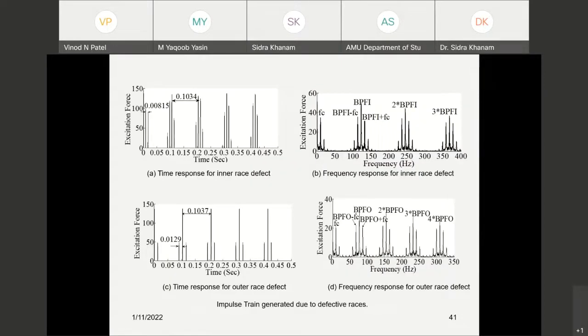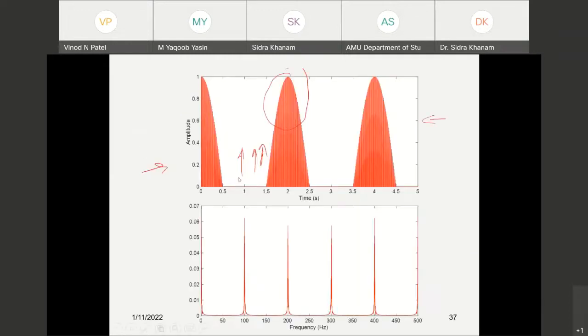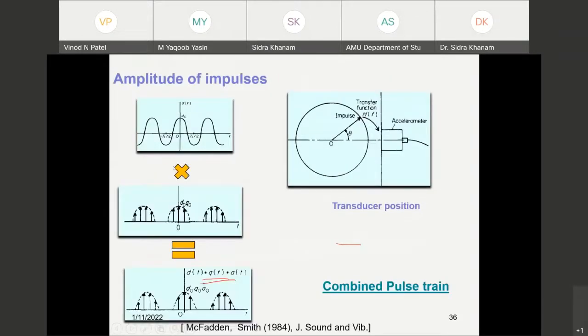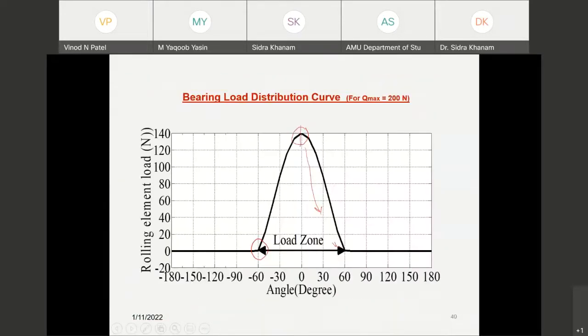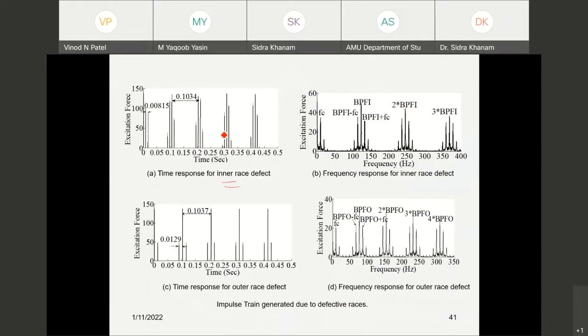Now for this bearing, the time response for the inner race defect is based on the impulse train multiplied by its load zone. The defect has been implemented for the inner race, and its frequency response is provided here. The time period between two impulses is available here as part of BPFI.